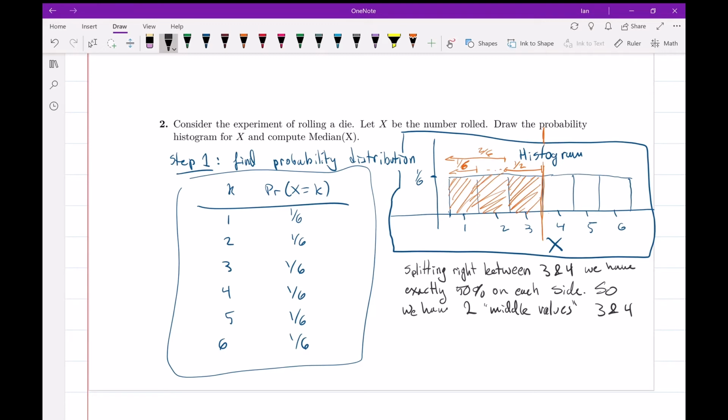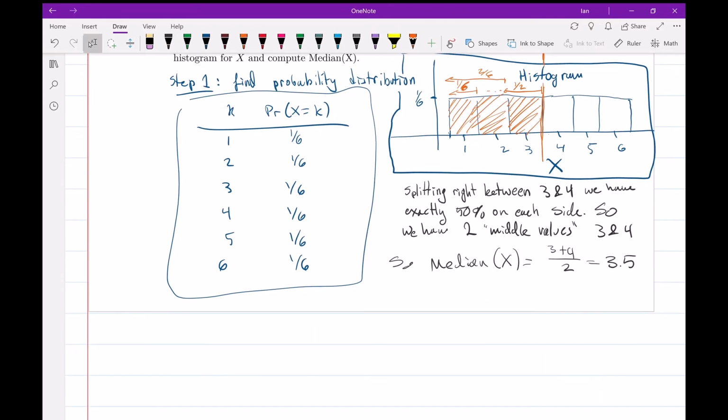So we take their average. So median of x equals 3 plus 4 over 2 equals 7 over 2 or 3.5. And that's exactly the same as if we looked at one of each value, which was a perfectly representative sample, which is an even number, and so then the median is the average of the middle two. Same thing as looking at the histogram to do it.